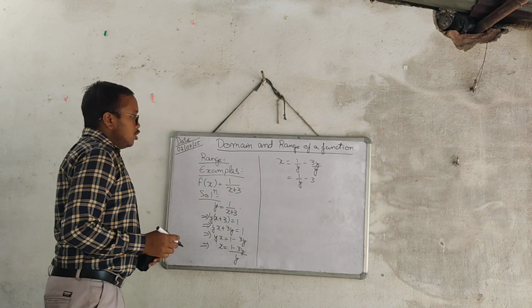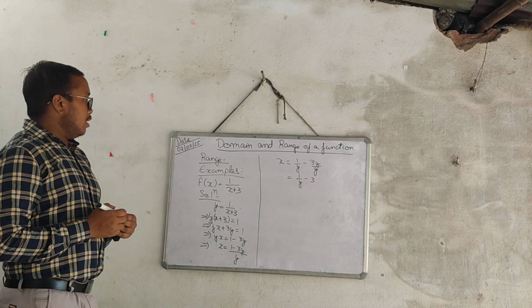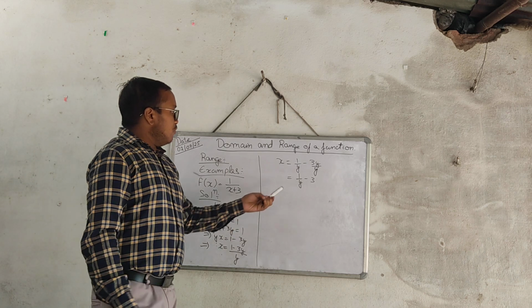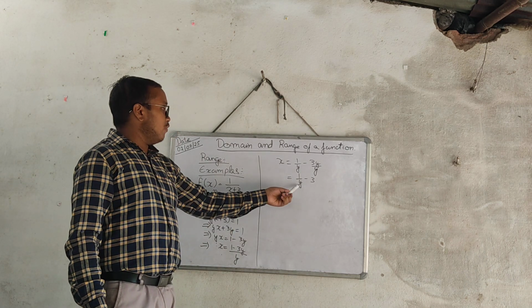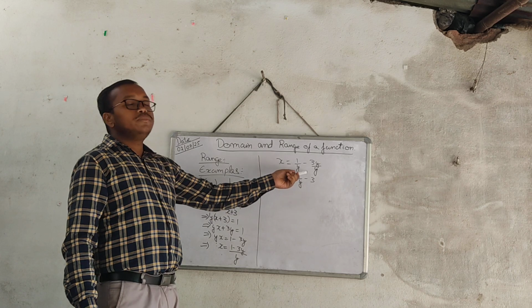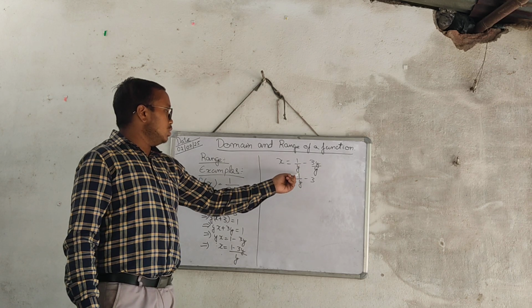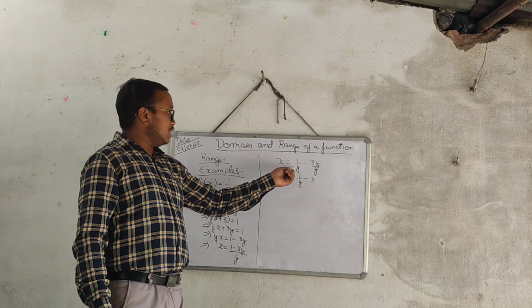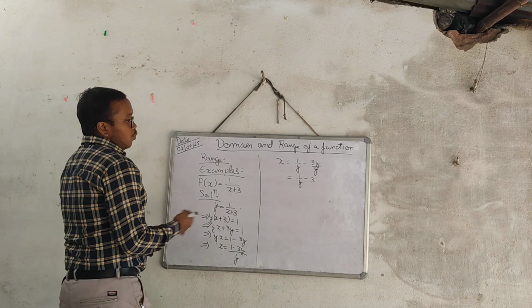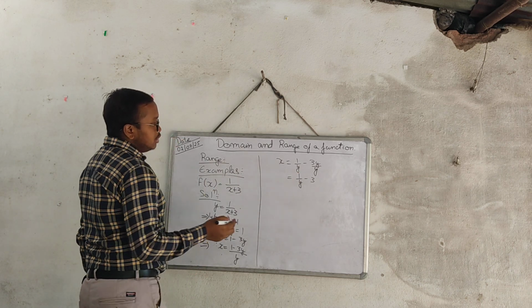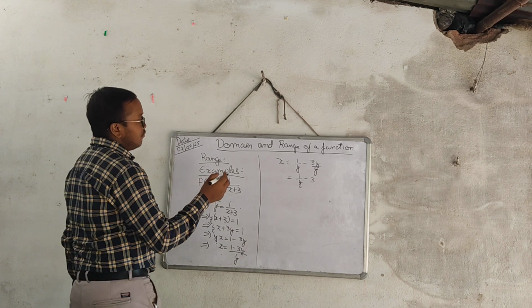Okay. Now we see that here whatever value of x we put, it will be defined except for one value of y, which will make this undefined. That is, if you put y is equal to 0, then this will become undefined.